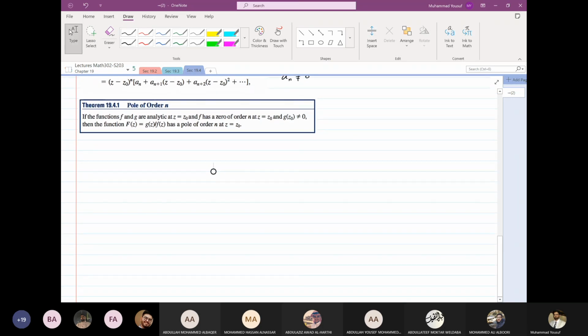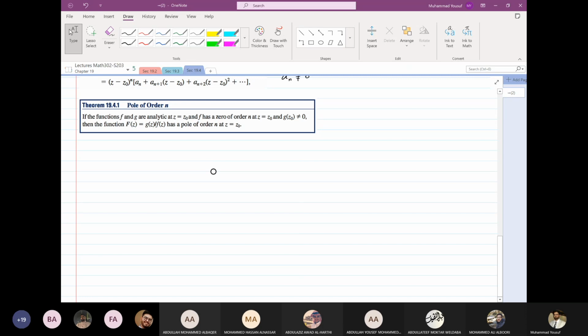What is this theorem? If f and g are analytic at z naught, individually both are analytic, and f has a 0 of order n at z naught, and g at z naught is not 0, then the function F of z equal to g of z over f of z has a pole of order n at z naught.